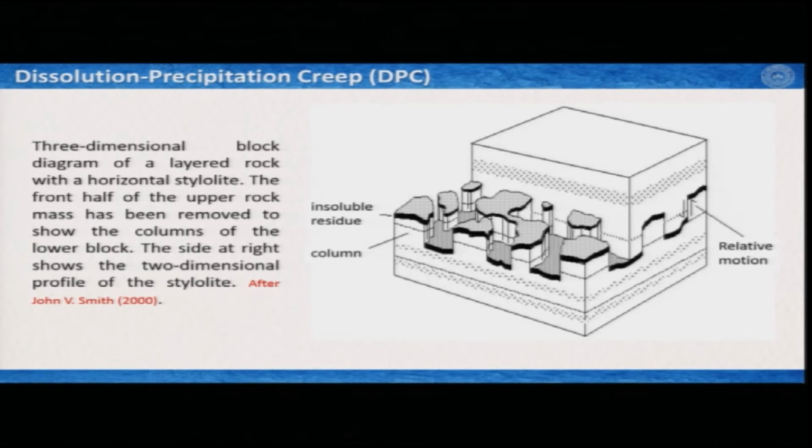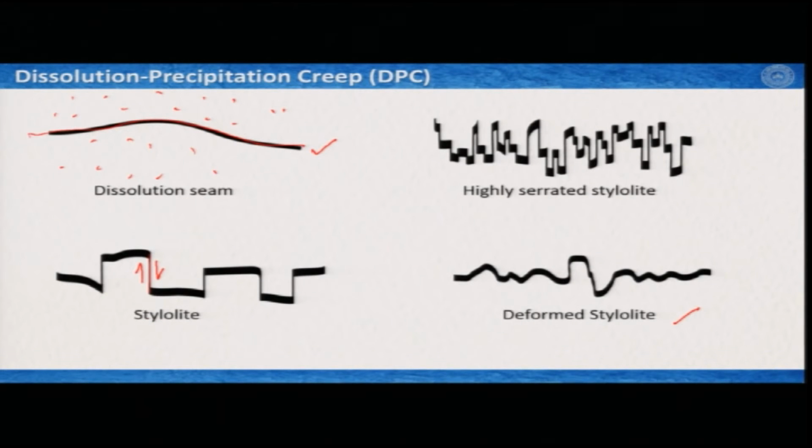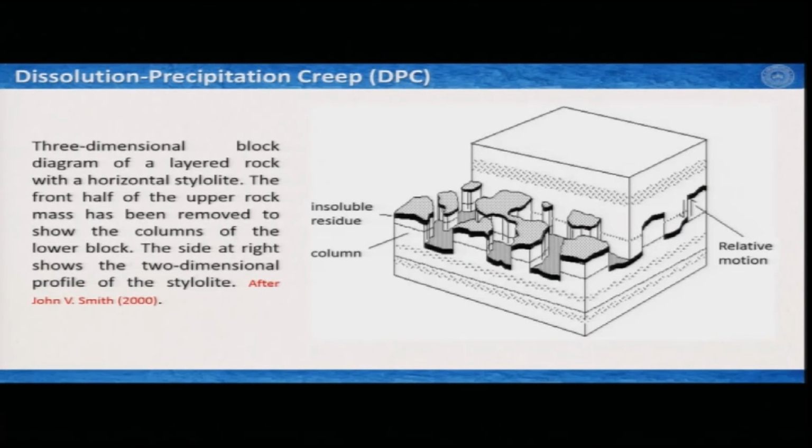In the previous slide, you may have seen that these parts are a little thicker compared to this part, and these parts are thicker because you always have some materials which do not get dissolved in the fluid. So, they stay here as a residue, and this is how it looks in a 3 dimensional block.